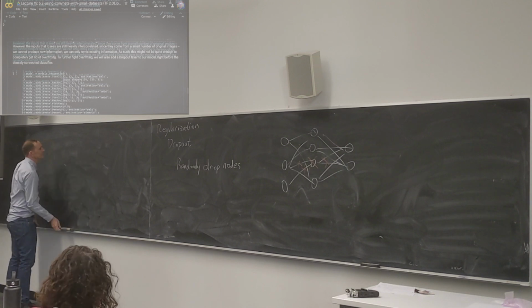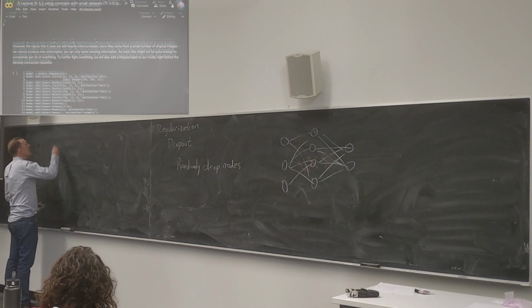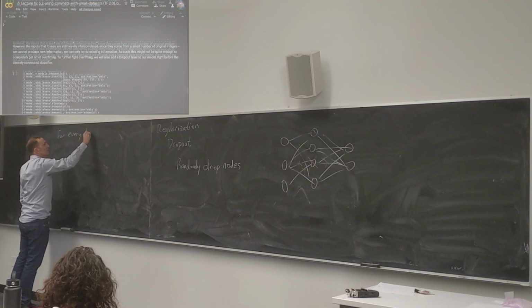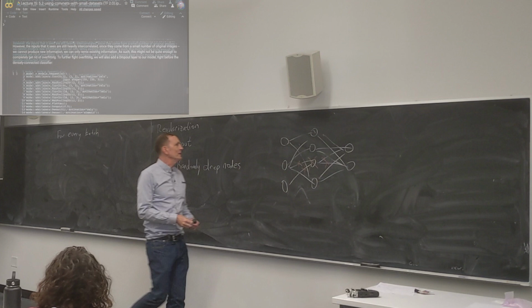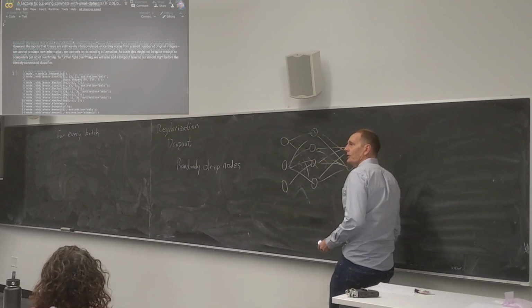And here's what we're going to do. For every batch, well, actually, let me first show you how we're going to implement this. The way we're going to implement it is we're going to actually add a layer here.